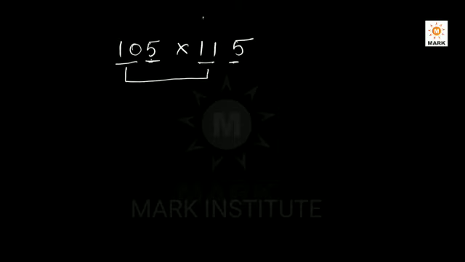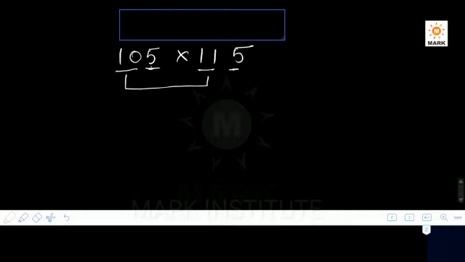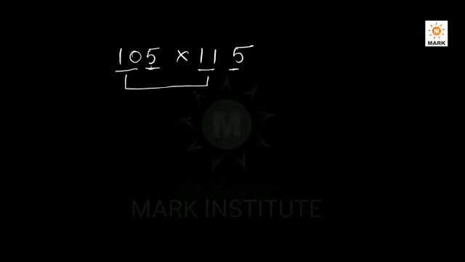I am going for further higher numbers. 105 into 115. 5 is anyway common. I compared 10 and 11, and 11 is the higher number, and for the higher number you have to write the next number, that is 12, and the difference between 10 and 11 is 1.